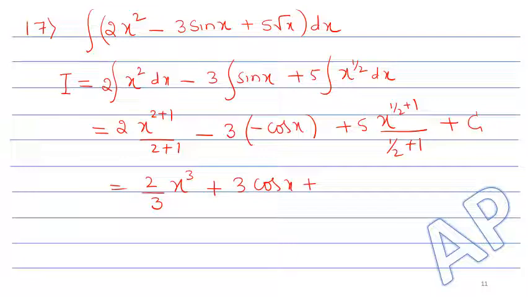Half plus 1 is 3 by 2. So taking 2 up, it is 5 into 2, 10 by 3 x to the power of 3 by 2 plus c. 10 by 3 x to the power of 3 by 2 plus c. This is the required answer.